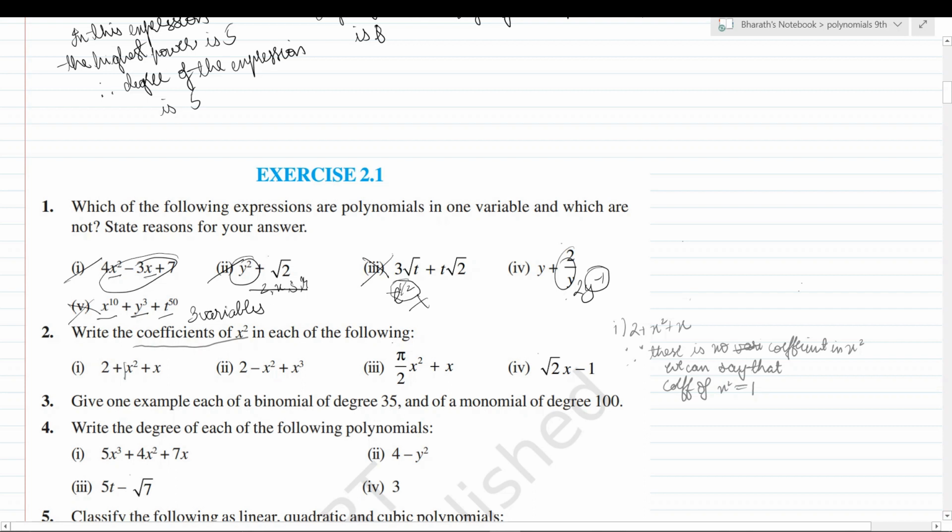Then let's come to the second question. 2 minus x square plus x cube.